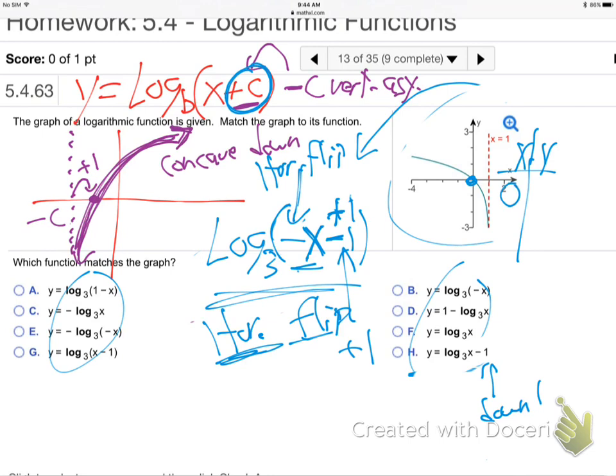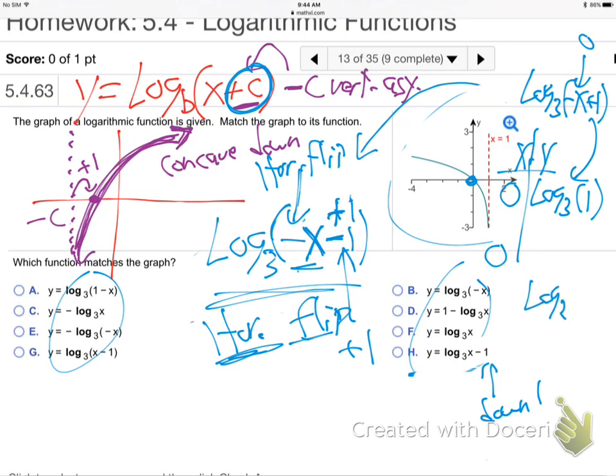So put in a 0 for x and plug into log base 3 of minus x plus 1. Try that. What do you get? Log base 3 of plus 1, because you put in 0 there. And the other one, if you plug into log base 3 of minus x minus 1, you'll get log base 3 of minus 1.